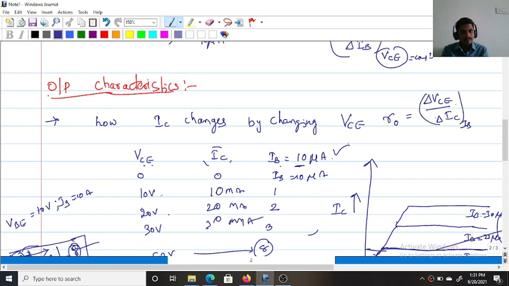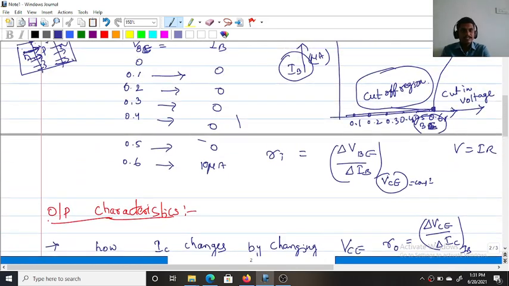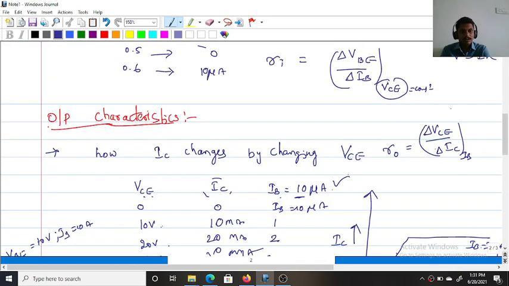In the previous case we kept VCE constant; here we are keeping IB constant. This is the output resistance. And beta is the current amplification factor: the rate of change in collector current to base current, at constant VCE.